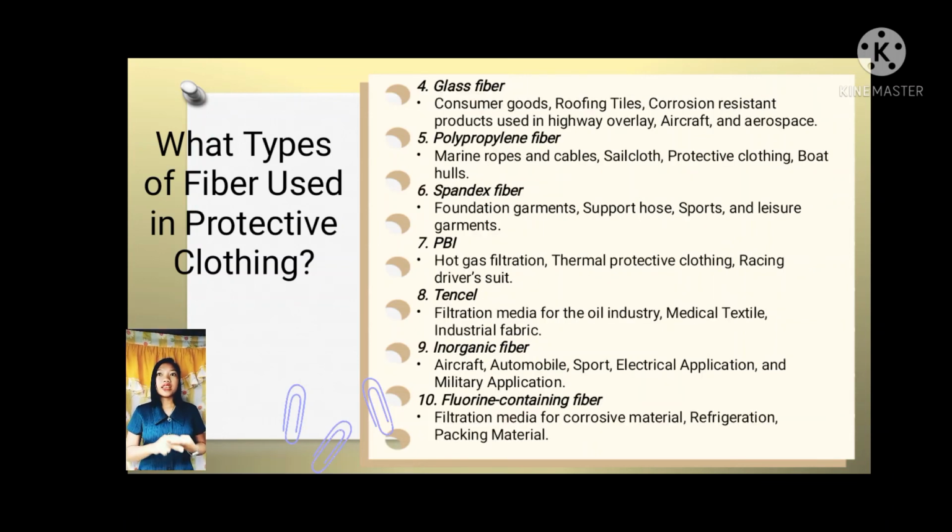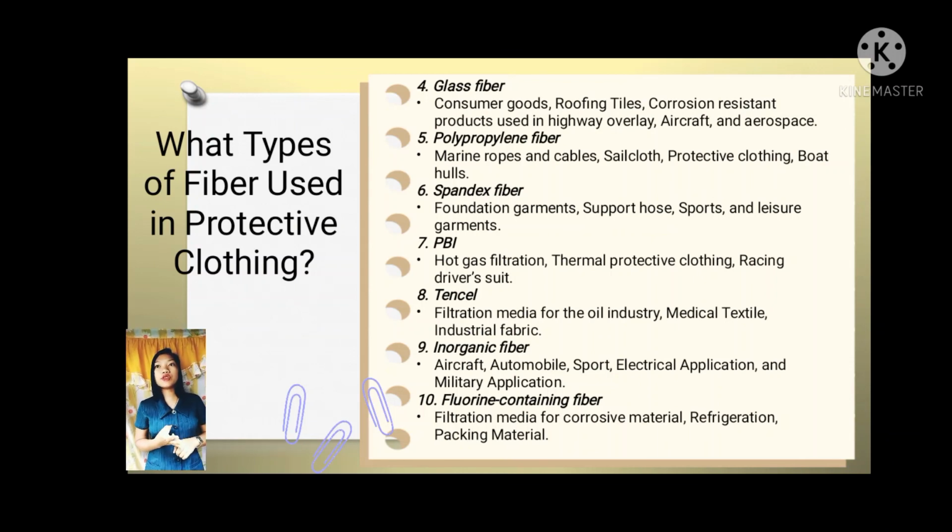Glass fiber. It is used for consumer goods, roofing tiles, corrosion resistant, and aircraft. Polypropylene fiber. It is used for marine roofs and cables and sailcloth. Spandex fiber. It is used for foundation garments, support hose, sports and leisure garments. Tencel. It is used for filtration media for the oil industry, medical, textile, industrial fabric.